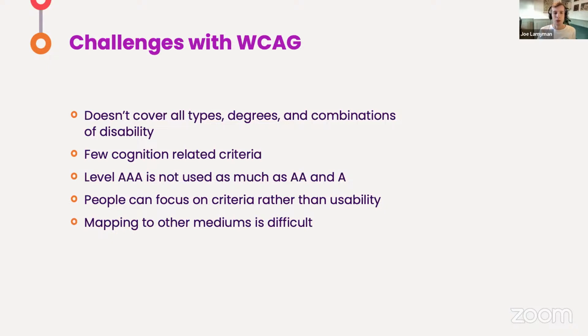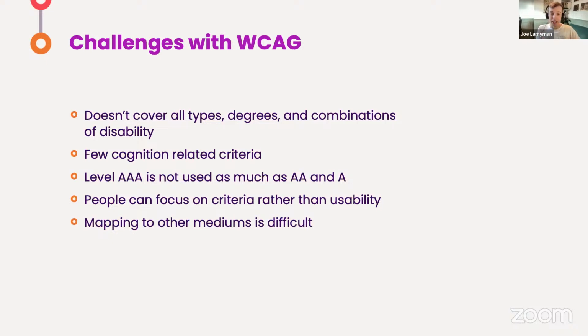Additionally, there's few cognition-related criteria, and those that are in WCAG tend to be in the AAA success criteria that people aren't focusing on as much because, like I said earlier, legislation requires you to focus mainly on single A and double A. So again, this is important given some of the challenges with XR that we'll come on to in just a minute. And another issue with this is that WCAG is really great for web content.